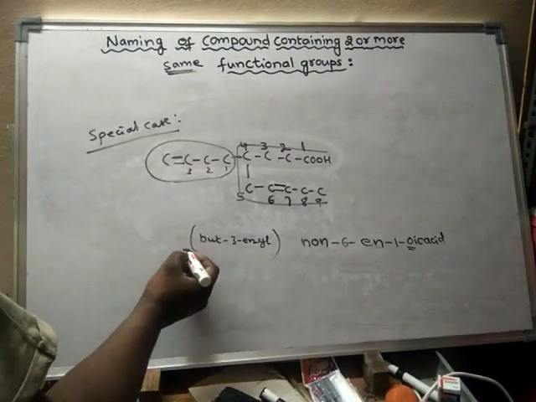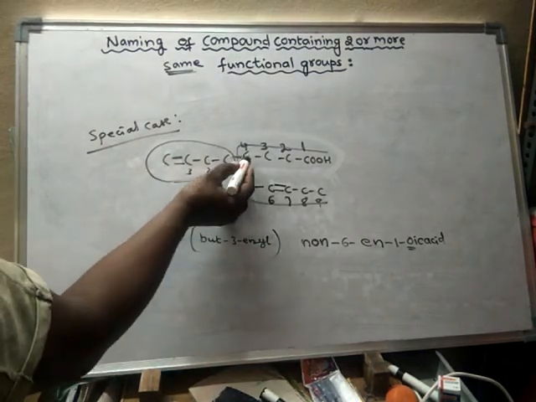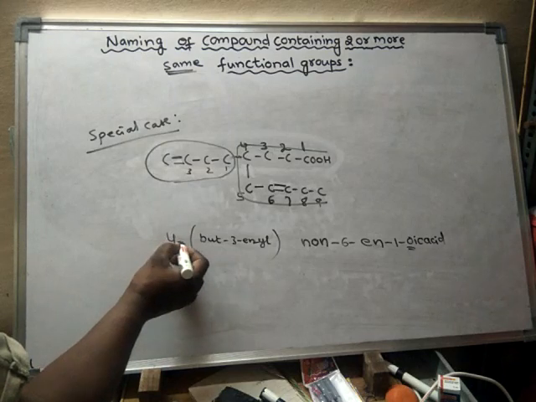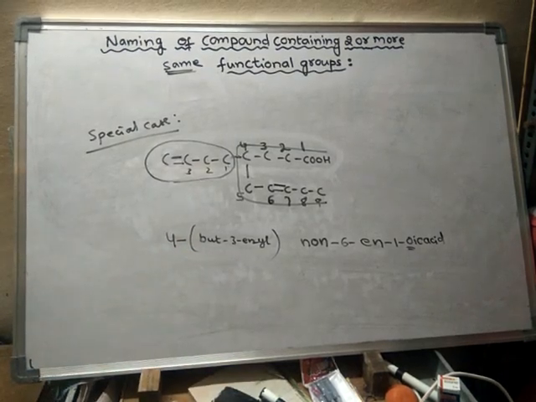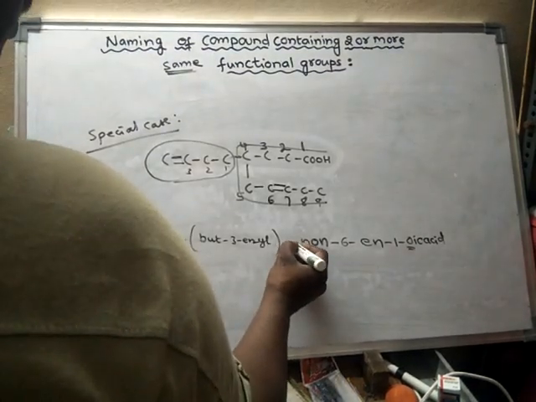Next, this but-3-enyl is present on which carbon? On the fourth carbon. So 4-(but-3-enyl)non-6-en-1-oic acid.